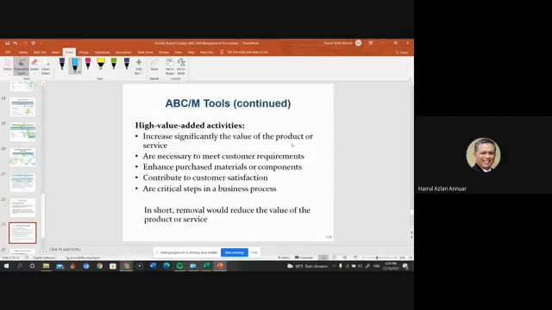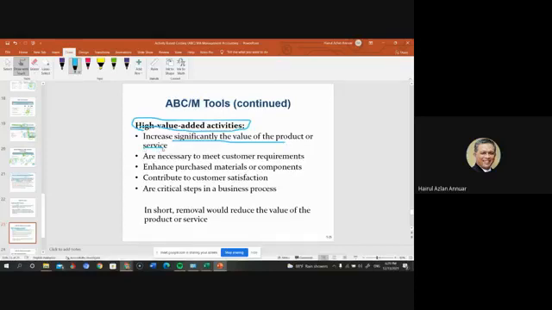These are some reasons why high-value activities are very important. Firstly, value-added activities are important because, like I said, they increase the value of the product and the services.